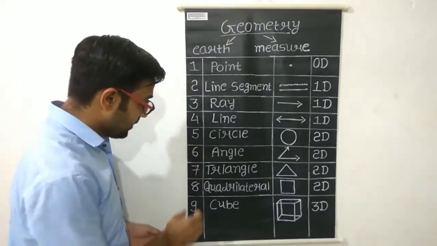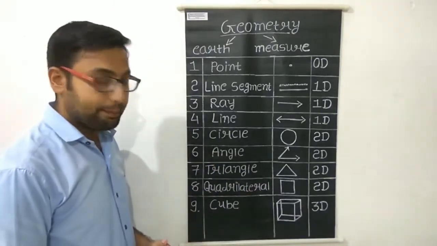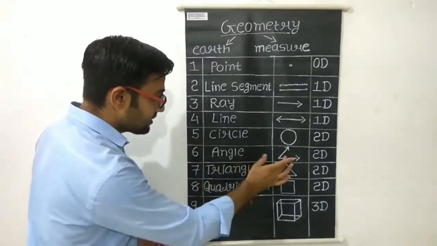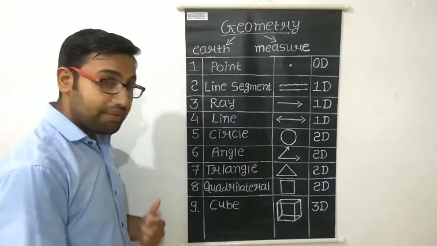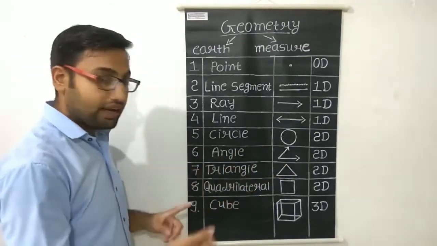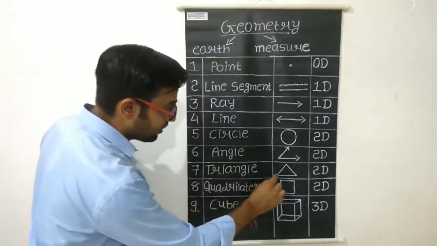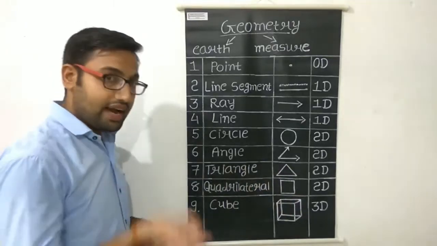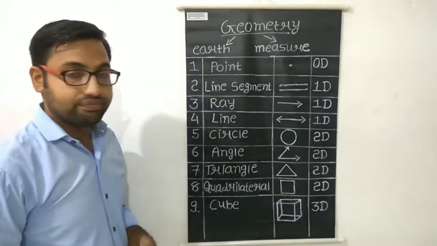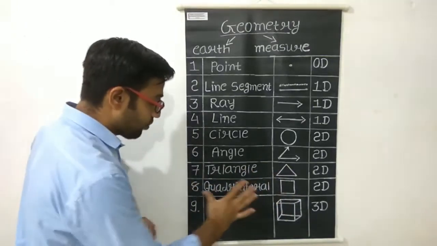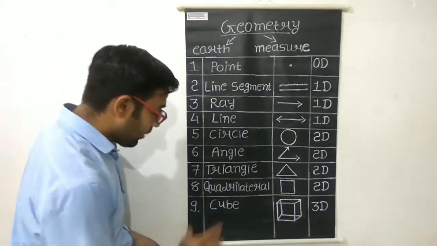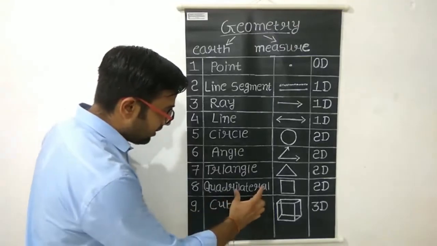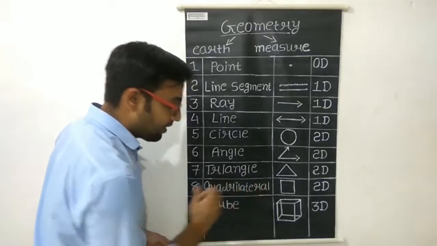Okay, the next one is a quadrilateral. Here you can notice one thing about the triangle. Tri means three, angle means angle. Three angles: here you can see the first angle, second angle and third angle. That is why it is called a triangle. Now the next one is a quadrilateral. Quadrilateral is also made of two words, quad and lateral.